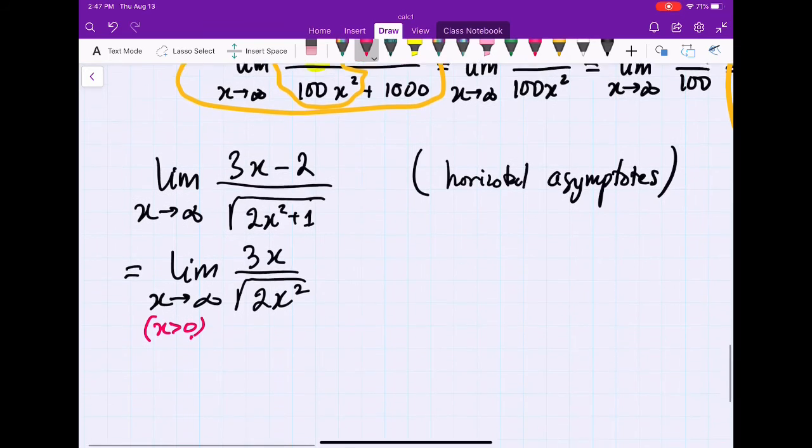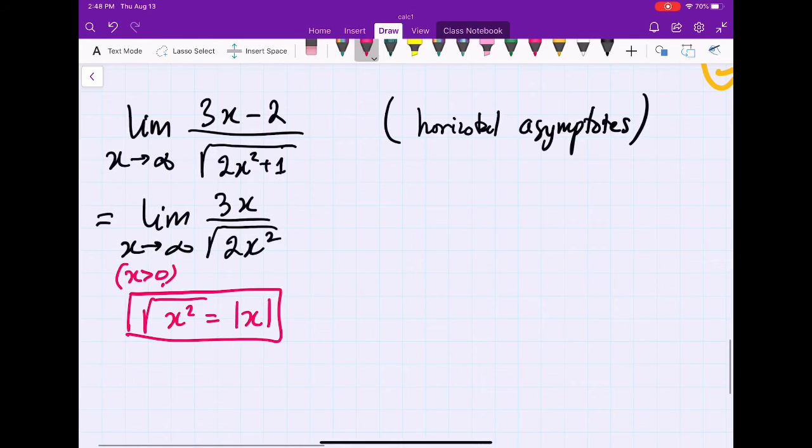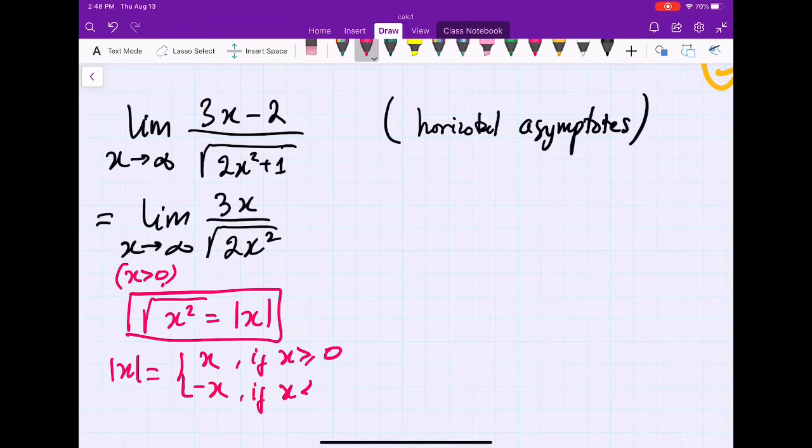I especially emphasize this because square root of x squared is absolute of x. Don't forget that, right? That is not x, that is absolute of x. But when x greater than 0, absolute of x is equal to x. Right? Because absolute of x is x if x greater than or equal to 0, and negative x if x less than 0.